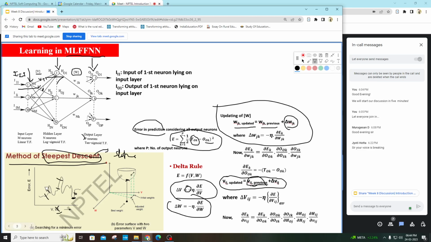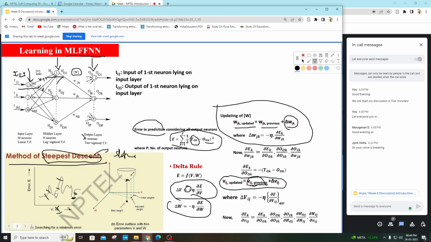So basically with the help of this learning rate, we first define our search length on this graph. At this search length, when we do del E by del V, which is the slope of the curve, we observe that the slope is increasing.